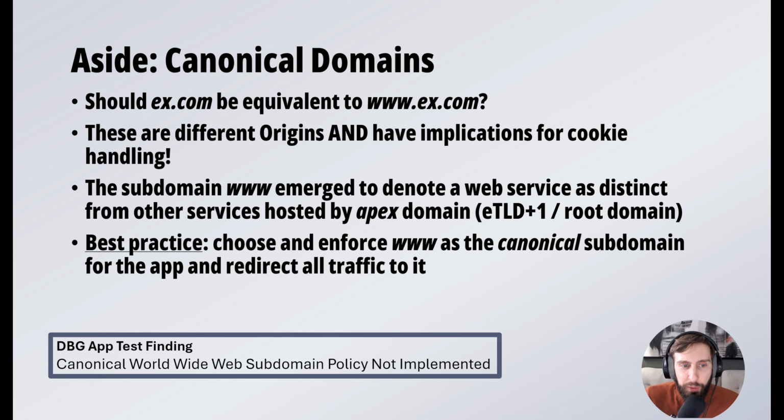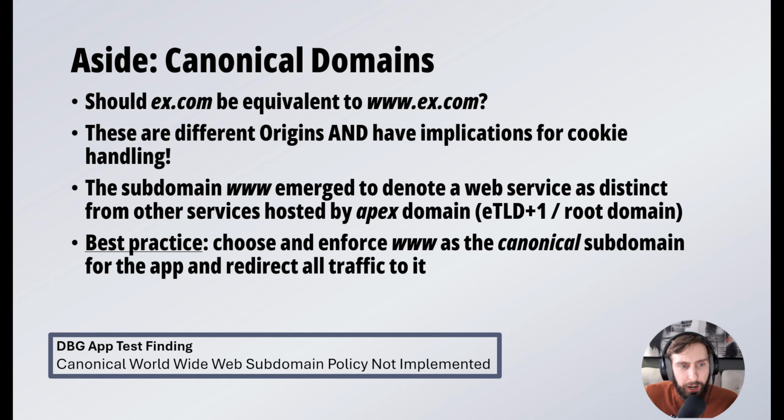So the subdomain www originally emerged, I said there wasn't going to be much history, but here's a little bit, to denote a web service as distinct from other services that might be hosted by an Apex domain. So other services that you might have would be non-web services. I don't know, FTP, for example. You've probably seen a subdomain ftp.site.com as being very commonly implemented to tell you that that host name resolves to a system that has an FTP service that is exposed.